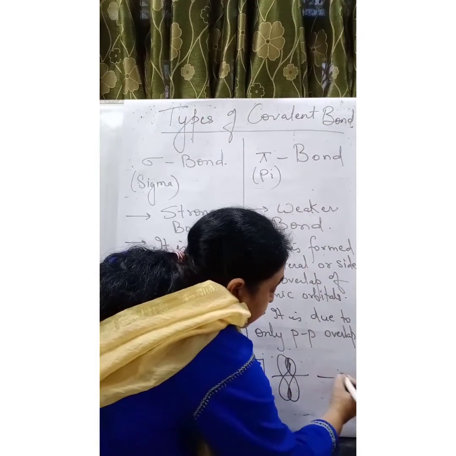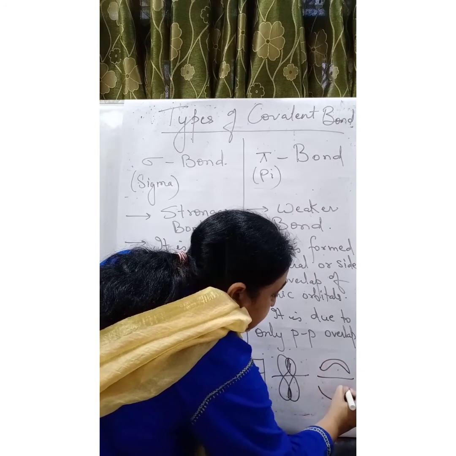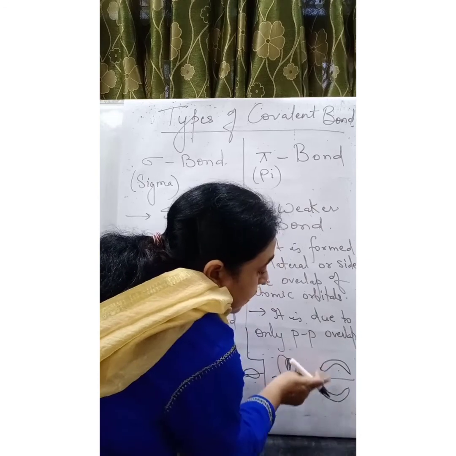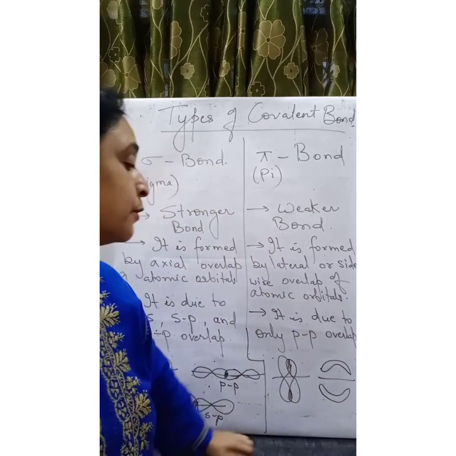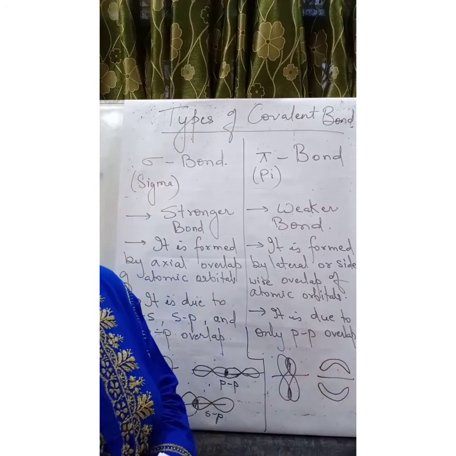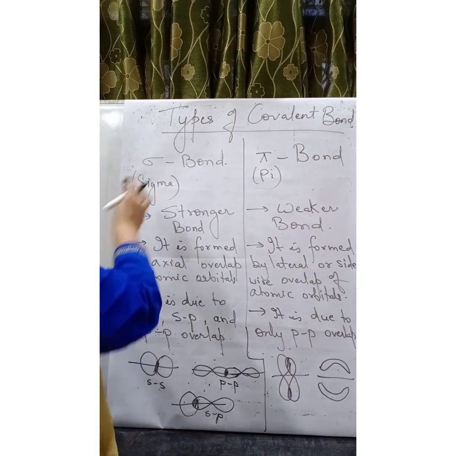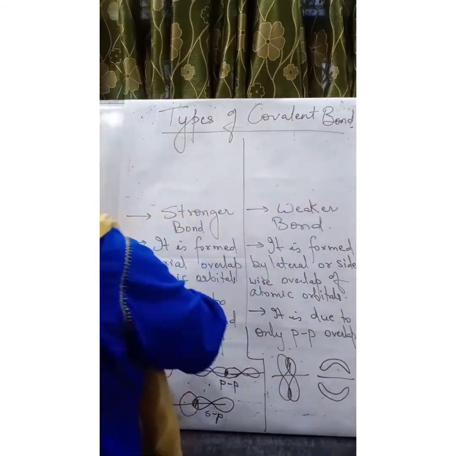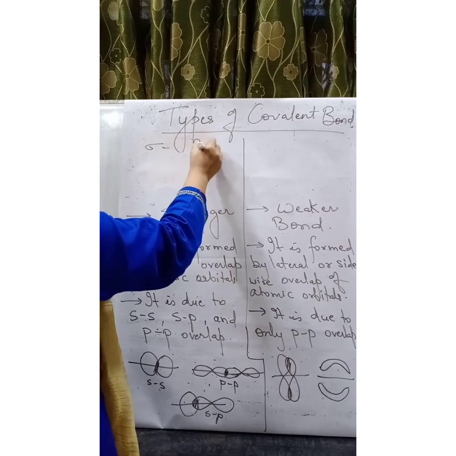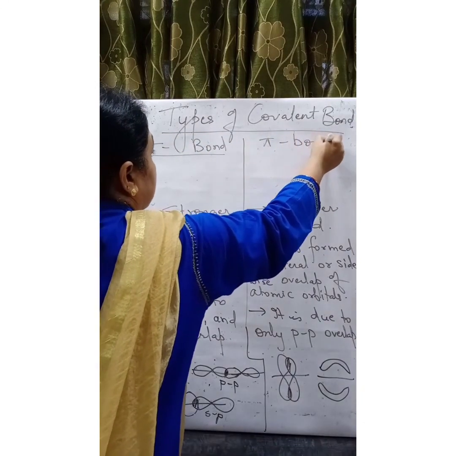So basically we can represent it like this also. This is one pi bond only, but half of the electron cloud is above the plane and half is below the plane. This is the sigma bond and on this side it is the pi bond.